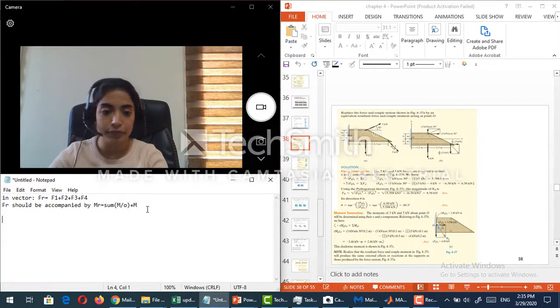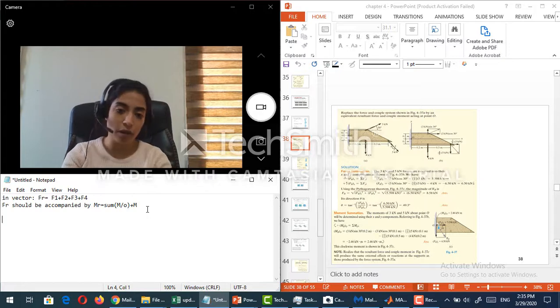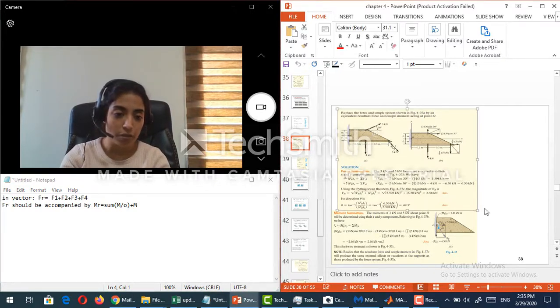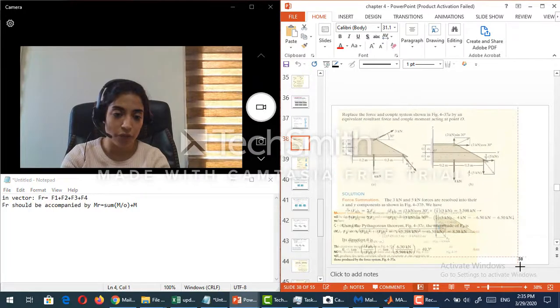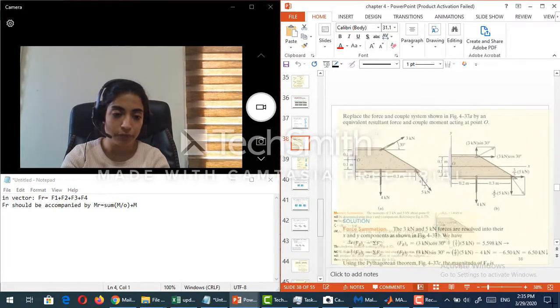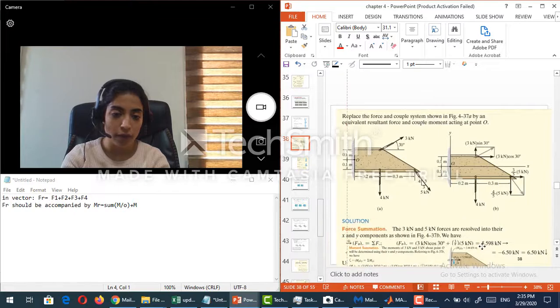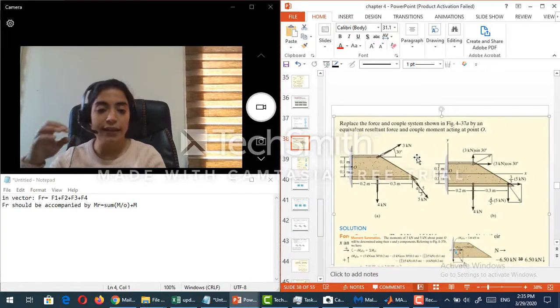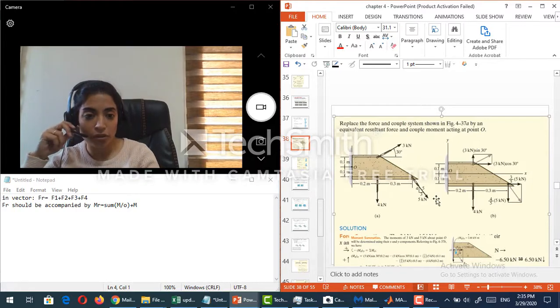Okay, so let's start with this problem here. Now in this problem, let's first increase the size of the figure and hide the solution. So basically, guys, here I have 3 forces.